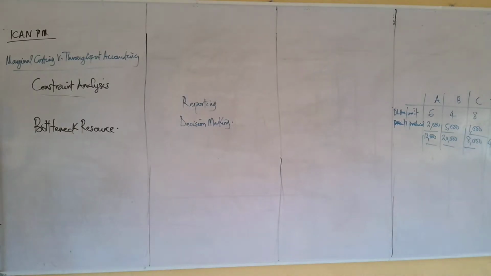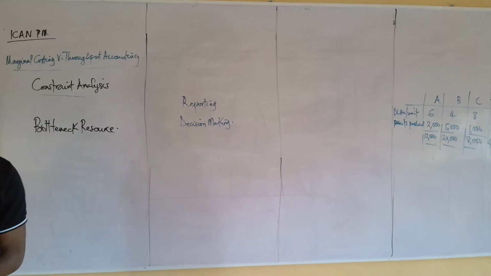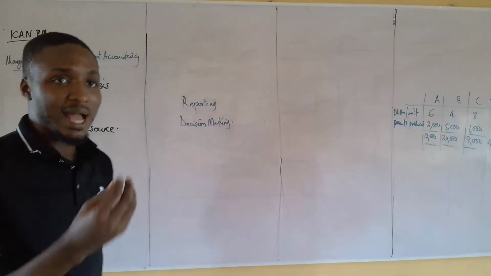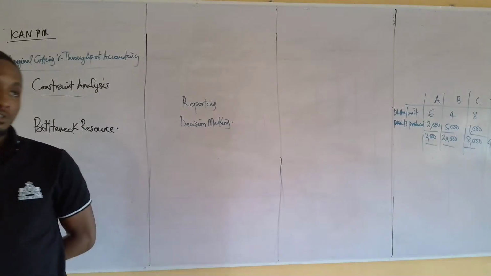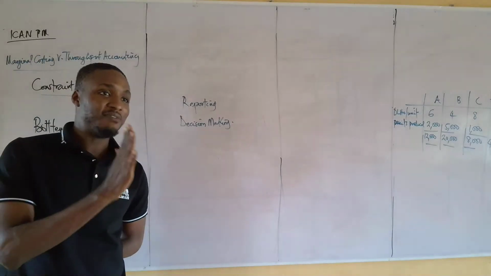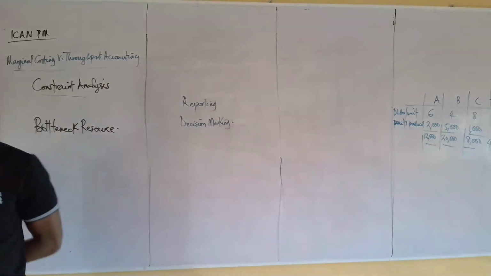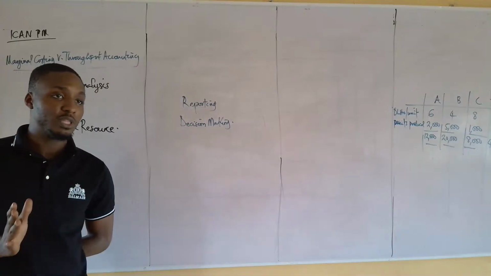Your machine hours. So that's what step one is, identify bottleneck resource. Some cases they may just be generous, they may tell you this is the bottleneck resource. But if they are not, you just compare availability of resource against the requirement for the resource. The one where the availability is not enough to meet the requirement is the bottleneck resource.